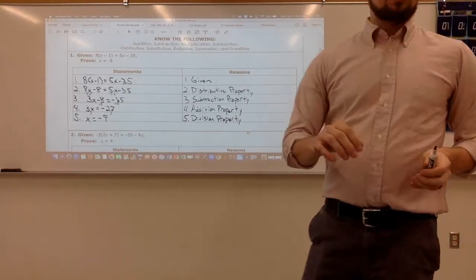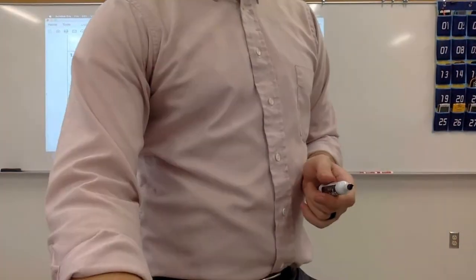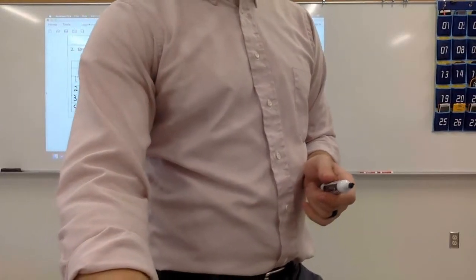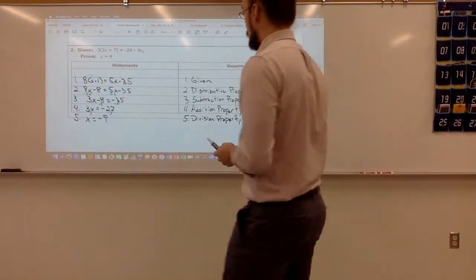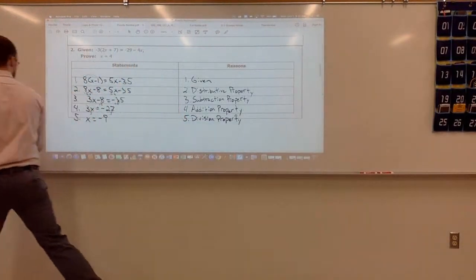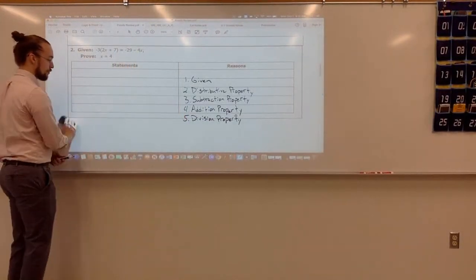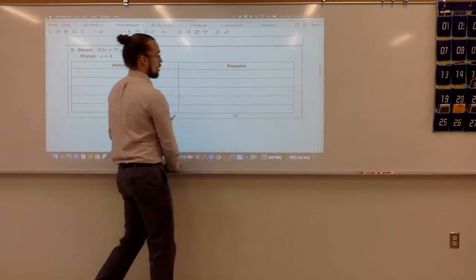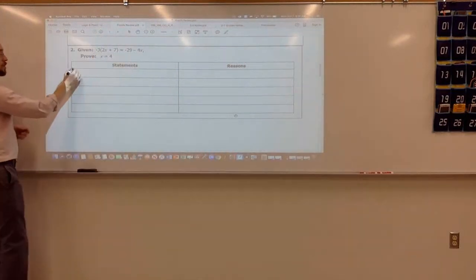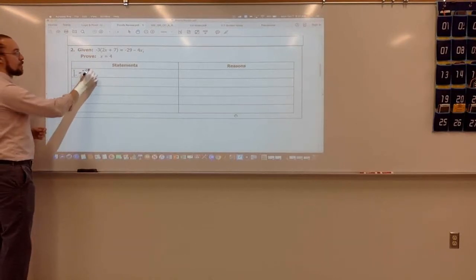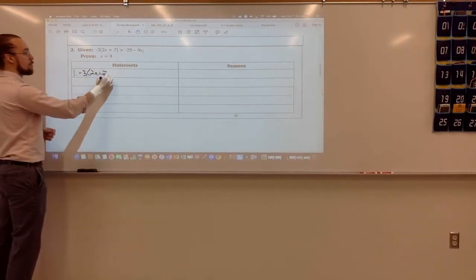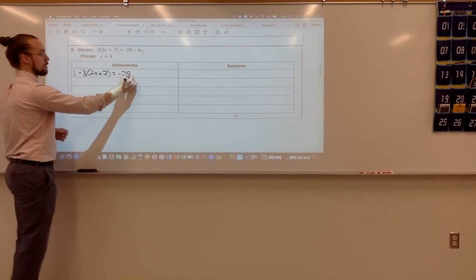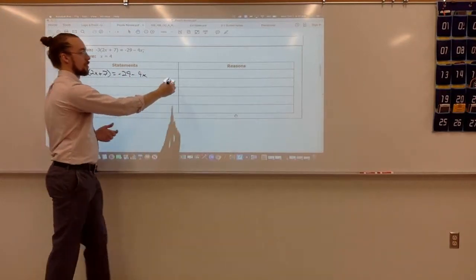All right. Let's take a look at number 2 then. Same idea. We just want to solve this equation and justify each step. My first line is the problem itself: -3 times 2x plus 7 equals -29 minus 4x.